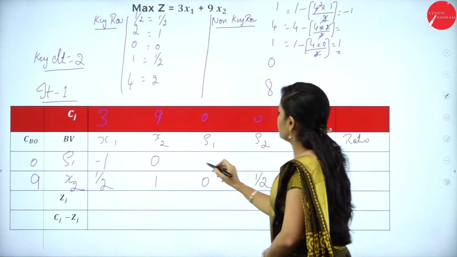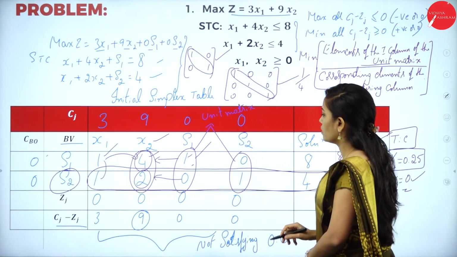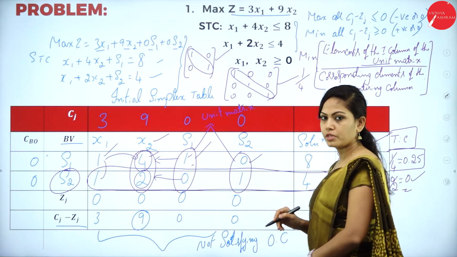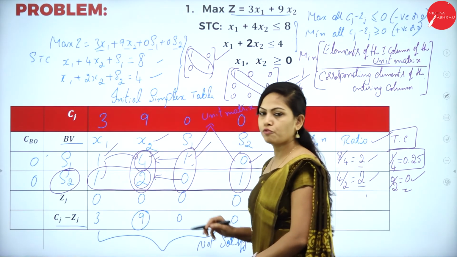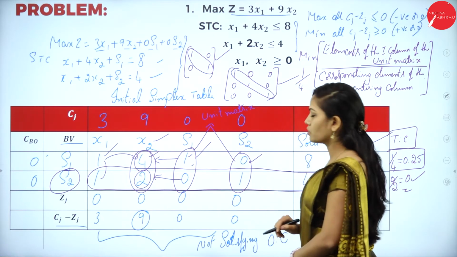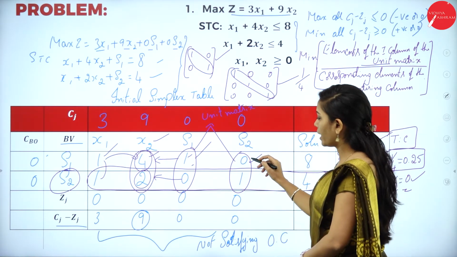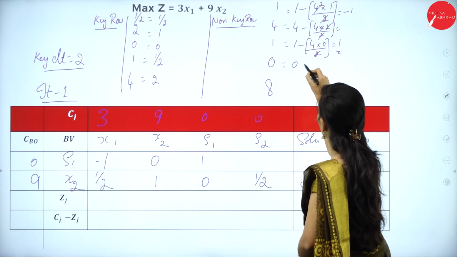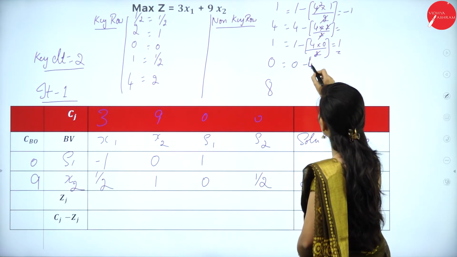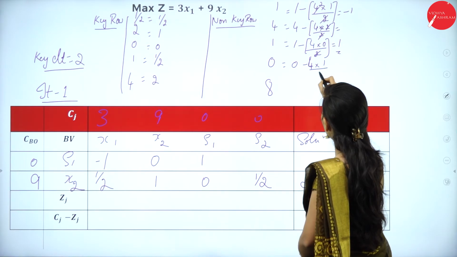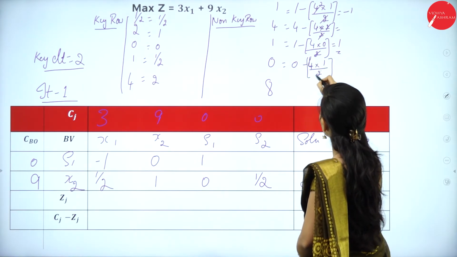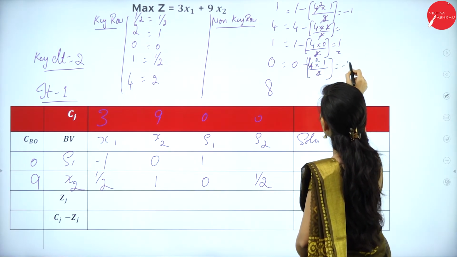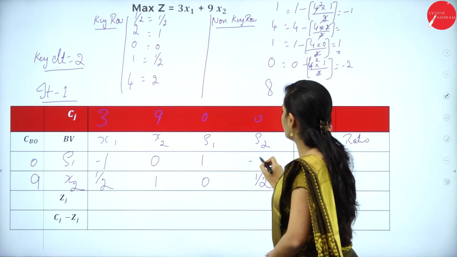So it is 1. And the old value is 0. The corresponding key column value is 4 and the key row value is 1. So 0 minus 4 into 1 by 2. 2 ones are 2, 2 twos are 4, so it is minus 2.